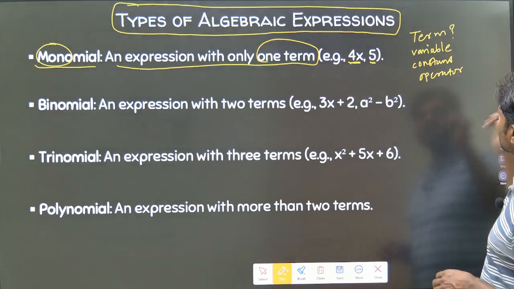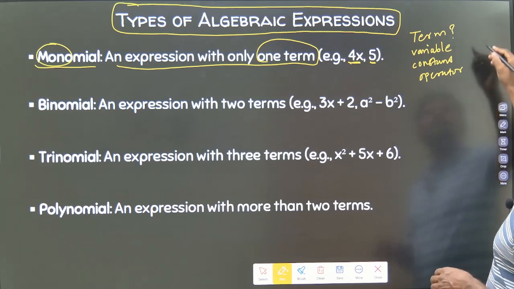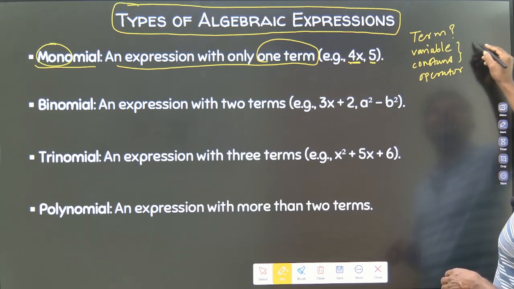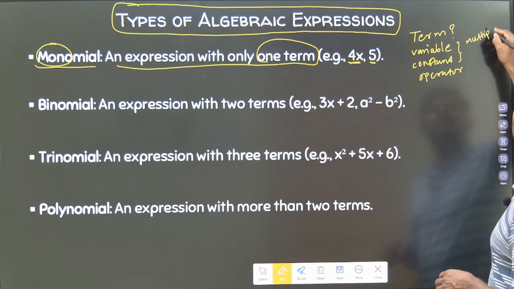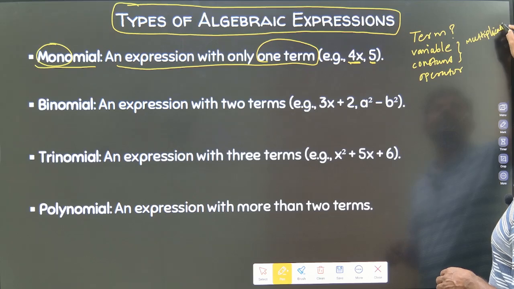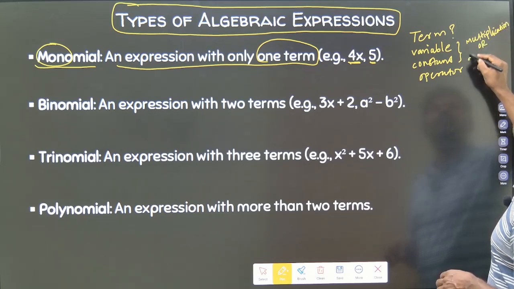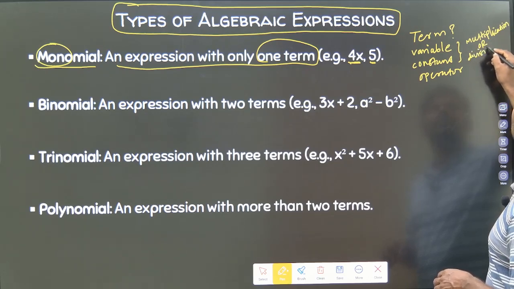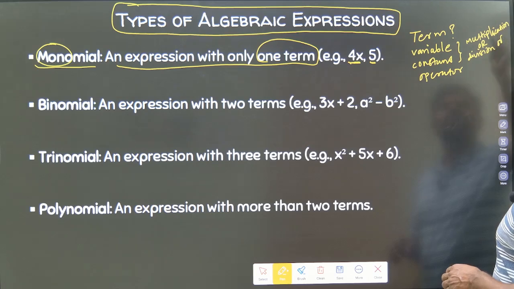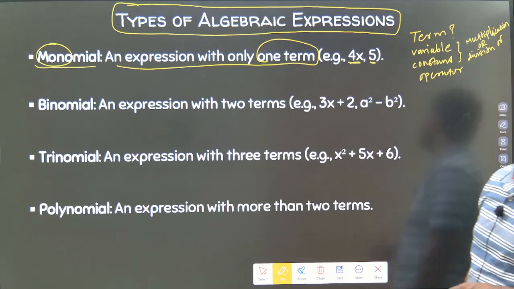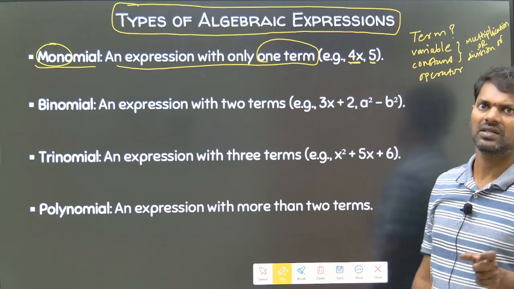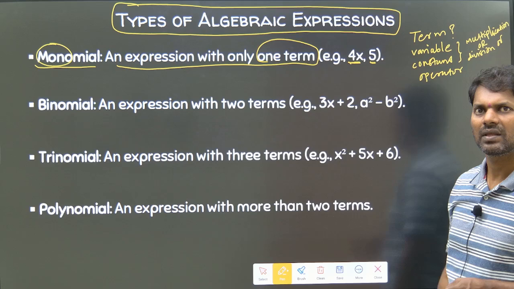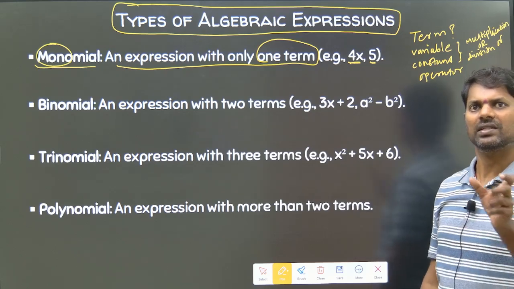Then term means multiplication or division of variable and constant is called a term.